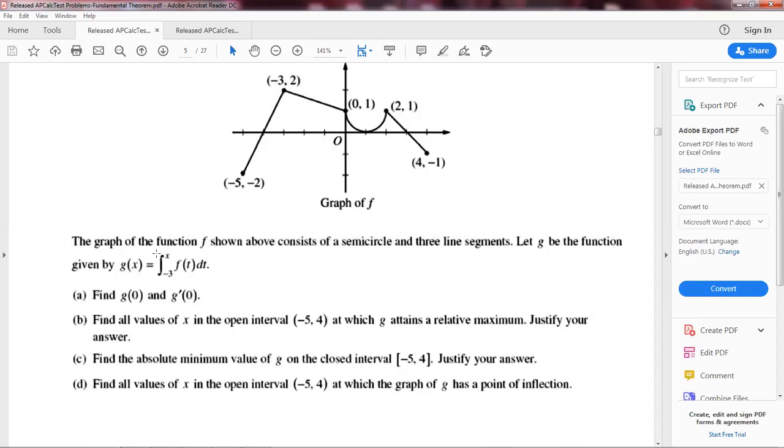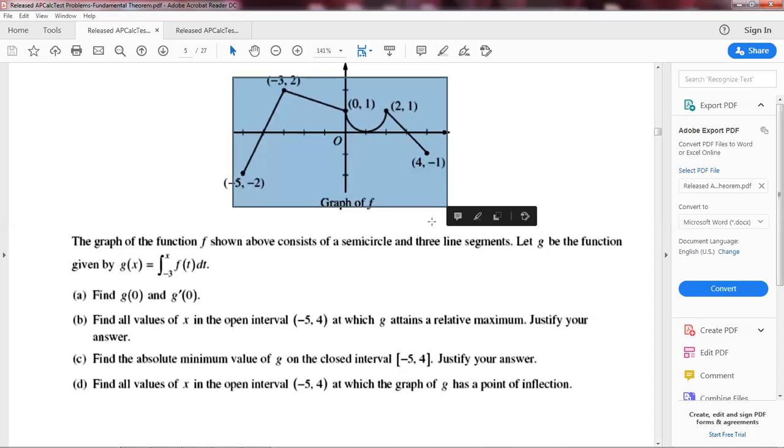Let g be the function given by the integral from negative 3 to x of f(t) dt. Okay. Again, we have another function defined through the integral of this function in the graph.